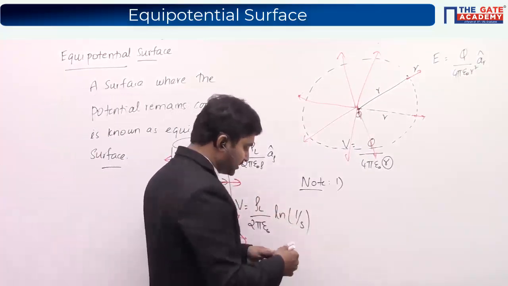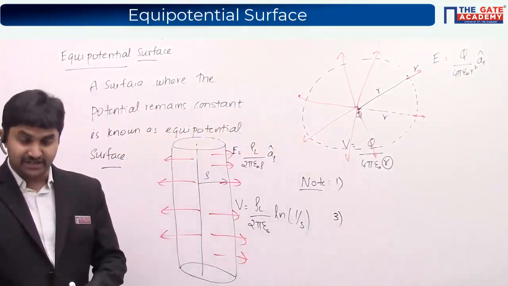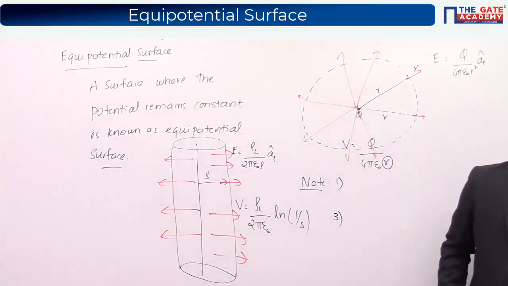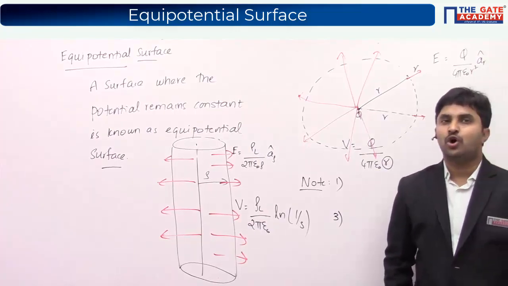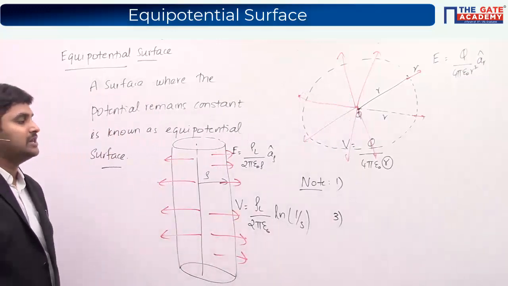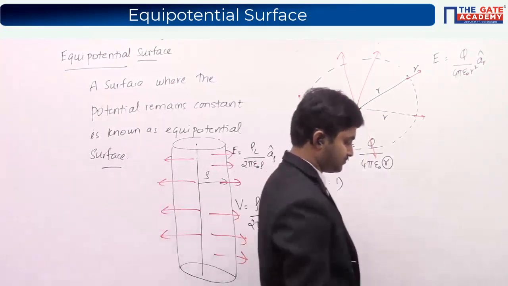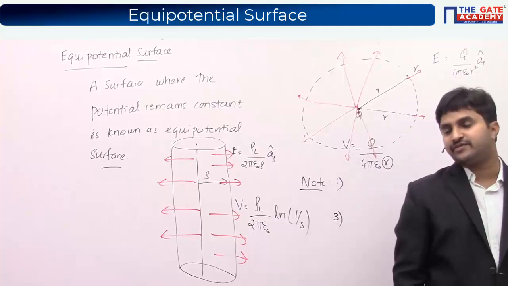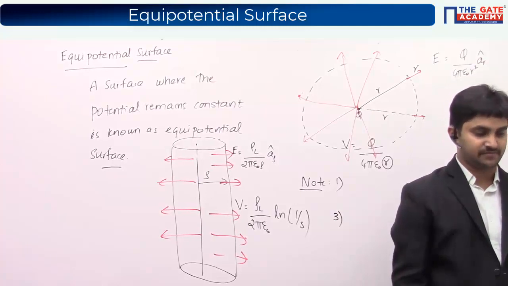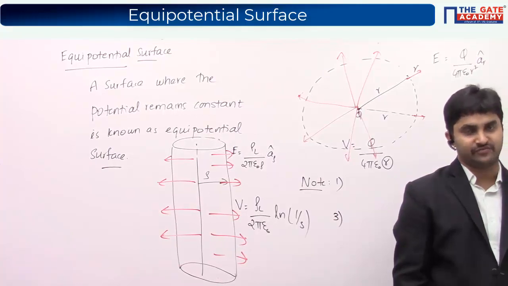So I can write the third point as a note point: the direction of electric field is always normal to an equipotential surface.